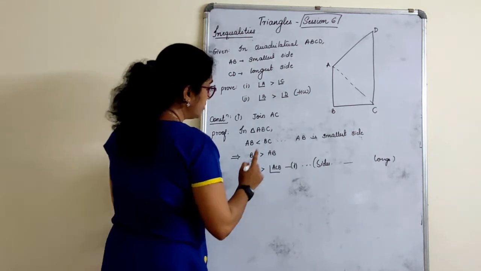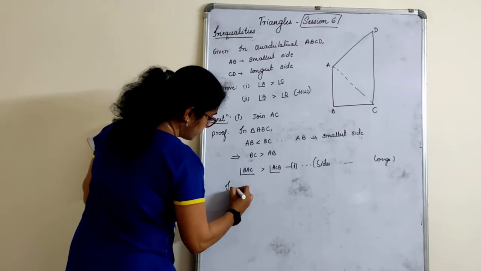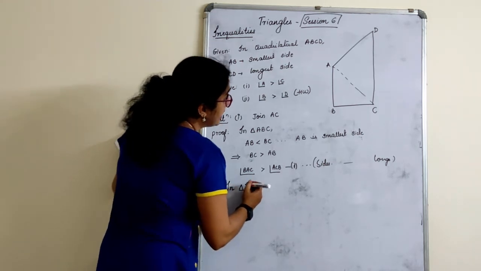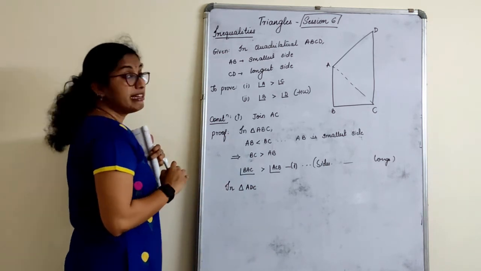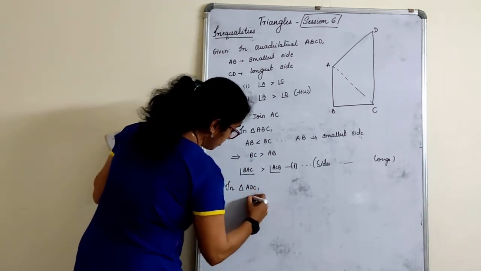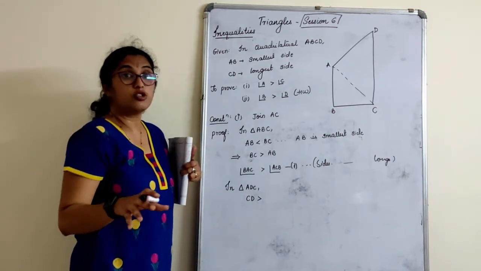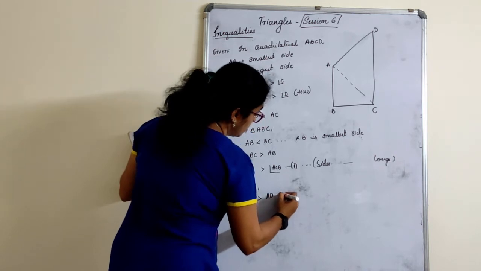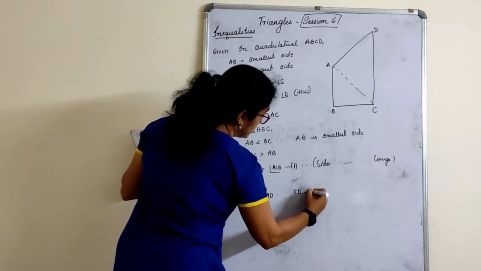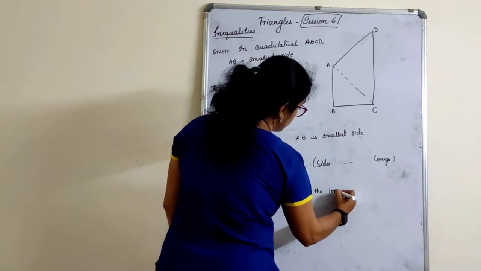Okay, this is done. Let's go for another triangle now. In triangle ADC, according to them, CD is the greatest side. CD is greater than, let us assume there is no AC, then it will be AD. Reason, CD is the longest side.